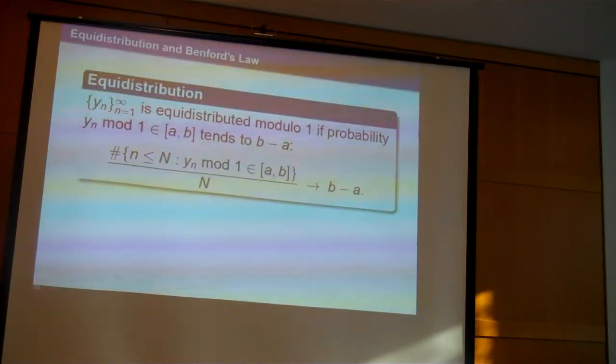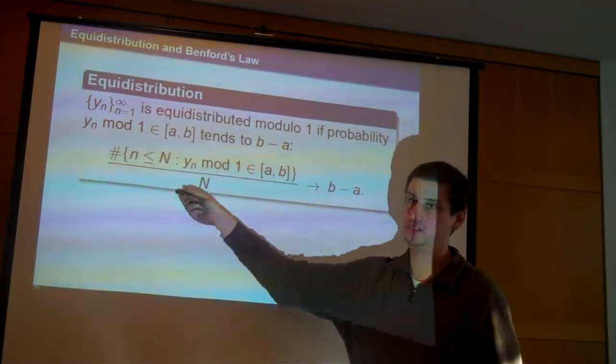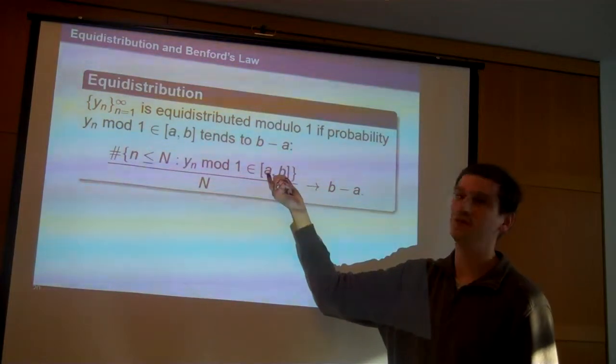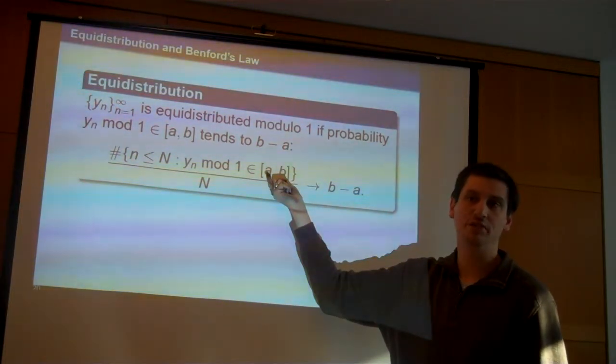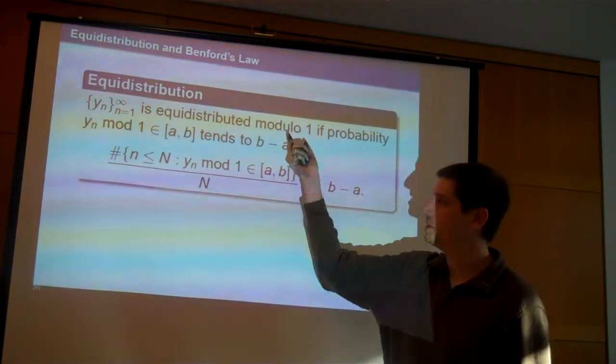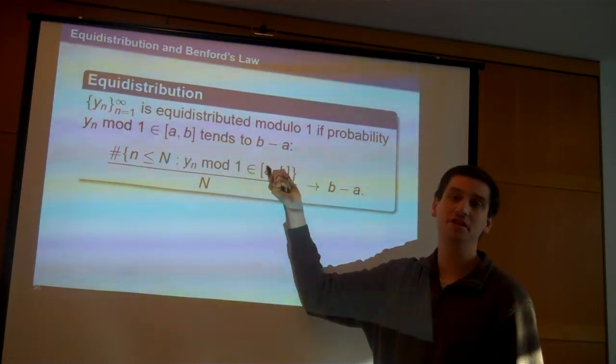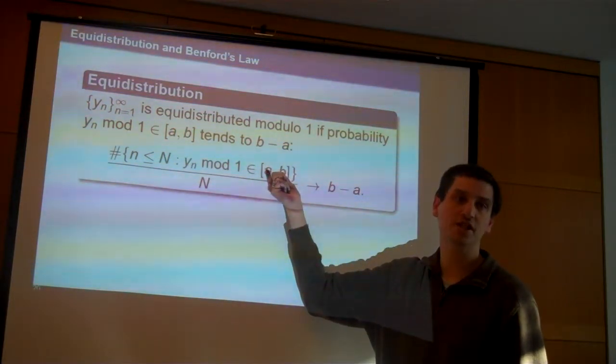And so the big idea is we have a sequence of numbers, and we say it's equidistributed if it falls in an interval uniformly. What this means is take the numbers between 0 and 1, and take a subinterval AB. Maybe AB is the interval 0 to a half. Then my sequence is equidistributed if the percent of the time it falls in here is just the length of this interval.